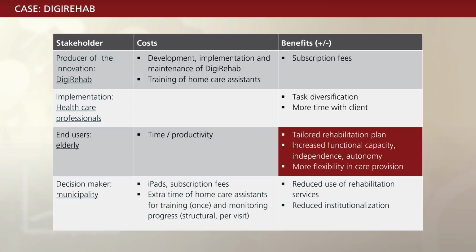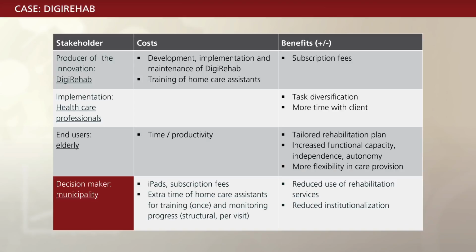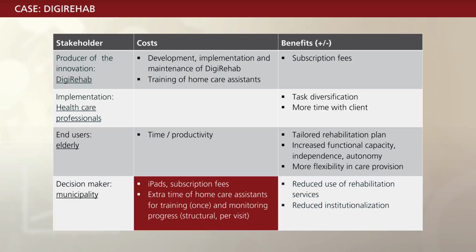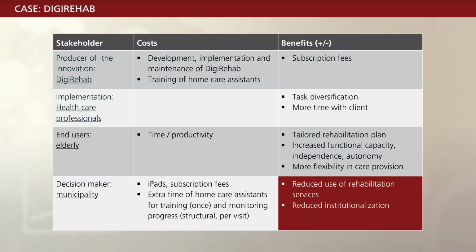In the Danish context, the municipality is responsible for rehabilitation and will need to decide about adopting and paying for this innovation. The costs include the hardware and software the elderly need and the extra time of home care assistants. The benefits include anticipated reductions in healthcare utilization. An economic evaluation study would show whether the benefits outweigh the costs for the municipality.